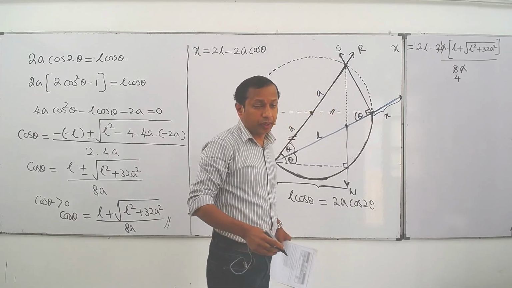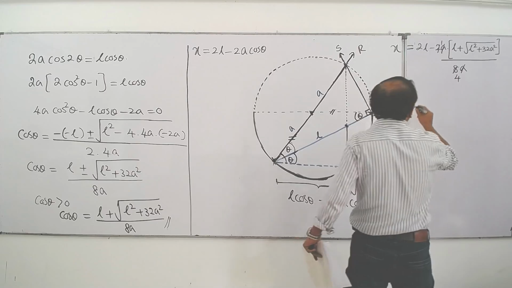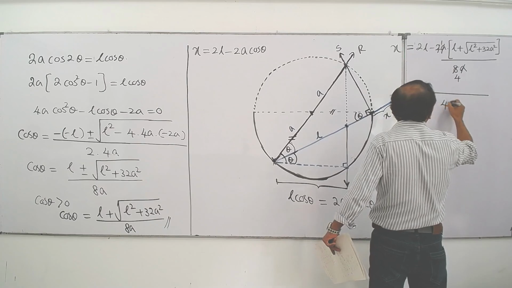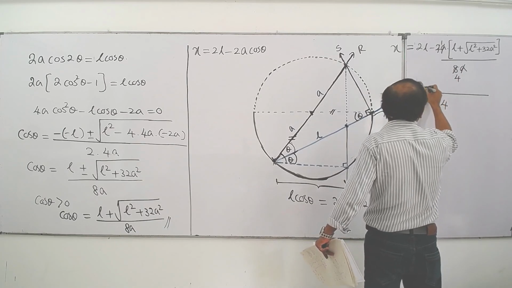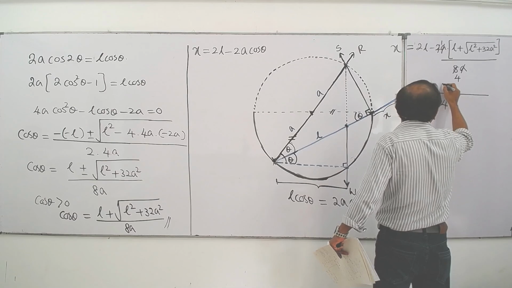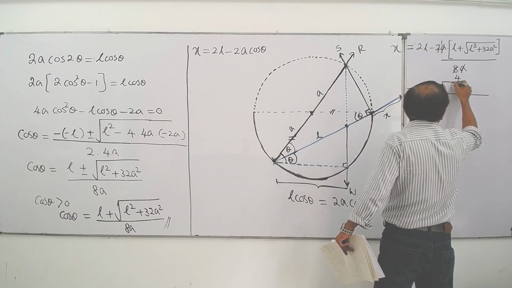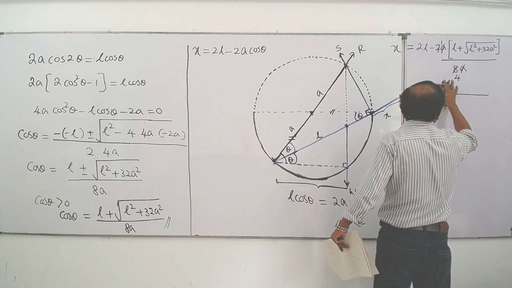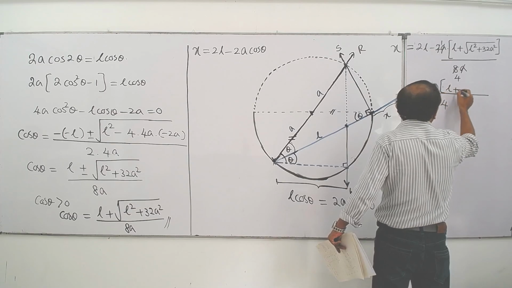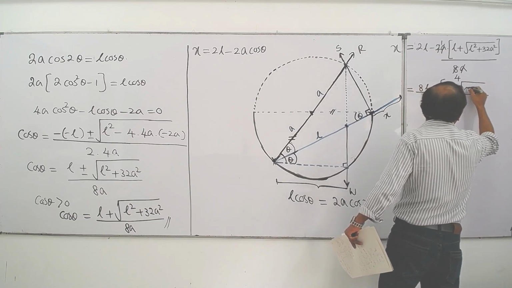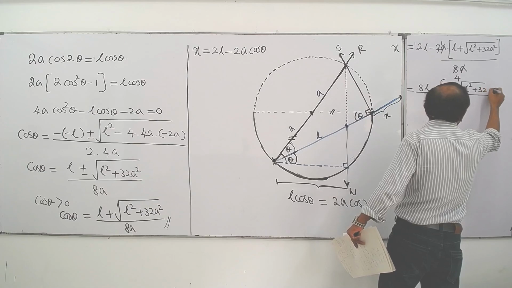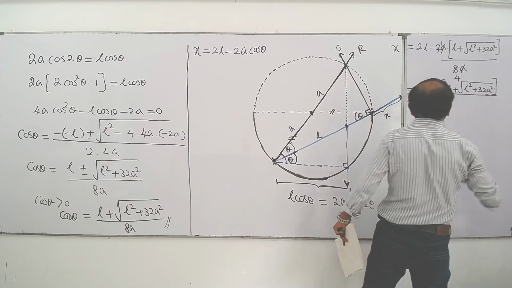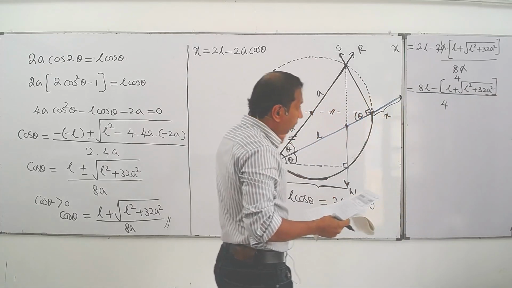Then we can write, taking the common factor as 4. This 4 comes here and 8 will come in, minus the square root, inside the bracket L plus square root of L squared plus 32A squared. Now we can simplify this.